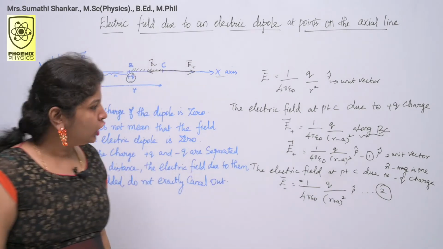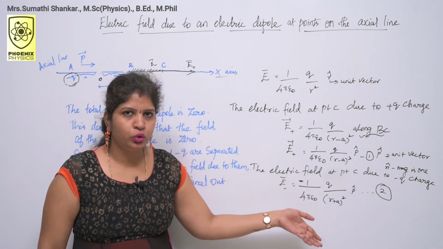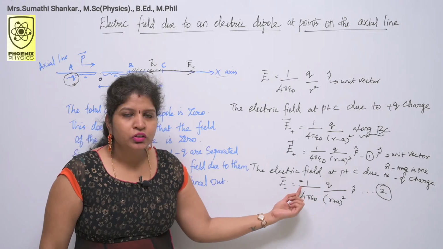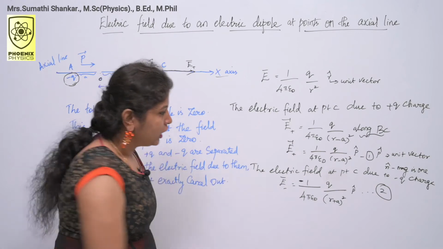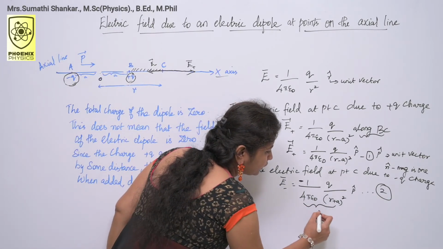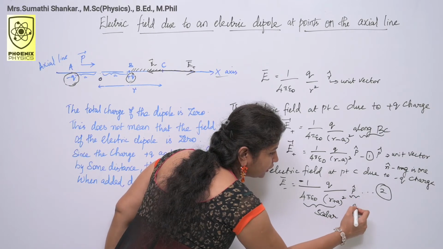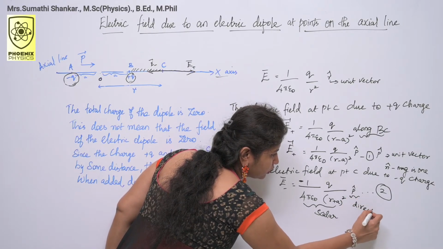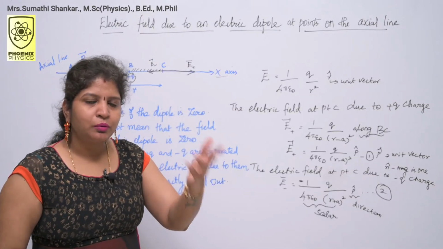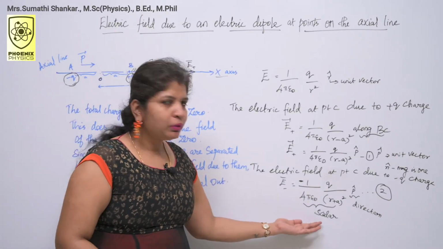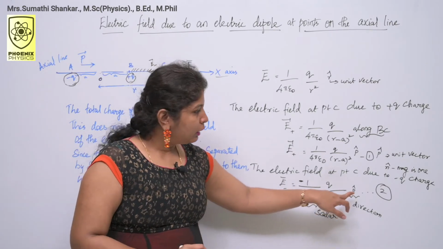Now tell me, why did I put minus here? Just now I told you, this minus is not for the minus Q charge, because up to this term gives a scalar quantity. This one will give the direction. So whether it is plus Q charge or minus Q charge, scalar means we take only the positive quantity, so Q alone.